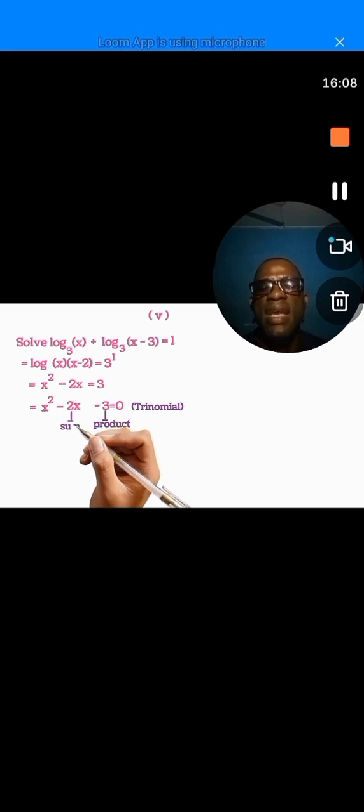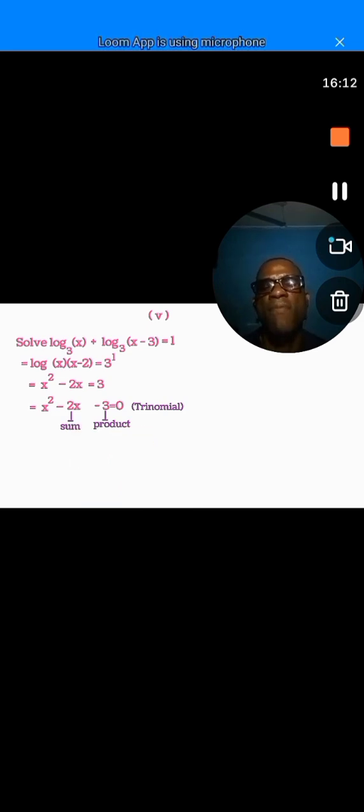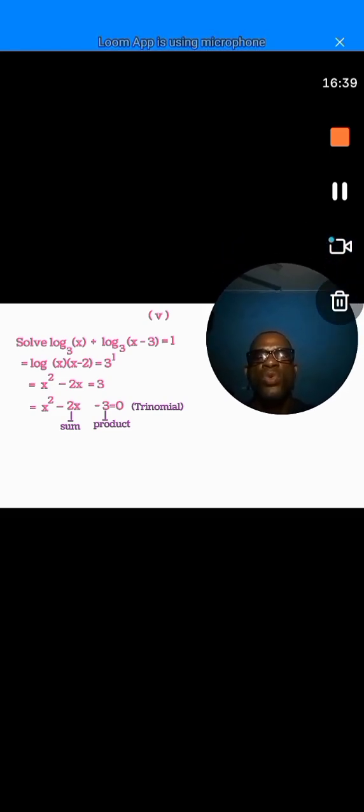So we are looking for 2 factors of minus 3. When we multiply the 2 factors together, we have minus 3, and when we sum them together, we have minus 2. We'll try them, but we are not going to waste time trying. So let us assume that the 2 factors are 1 and minus 3.